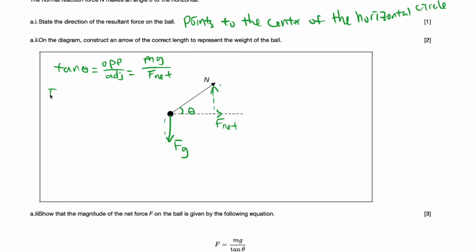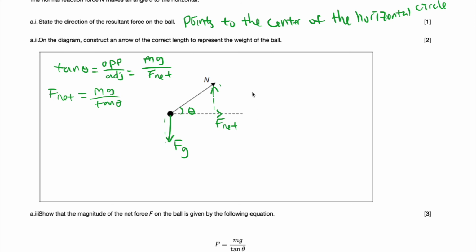So net force is going to be equal to gravity over tangent theta. Right. So this arrow here, I know it's pointing upward, but the magnitude has to be equal to gravity. So the two forces balance off.